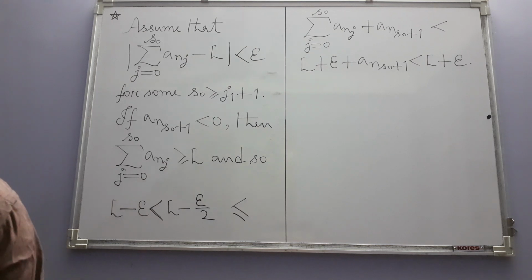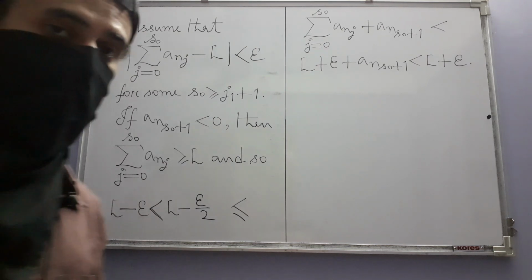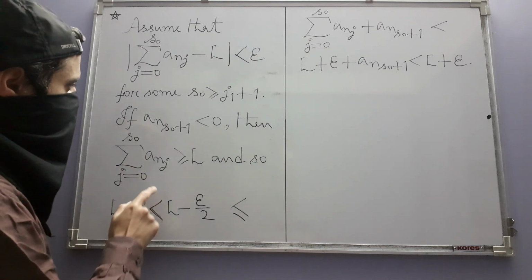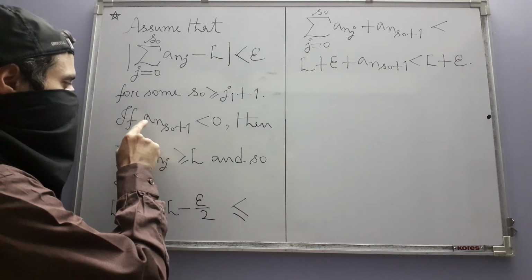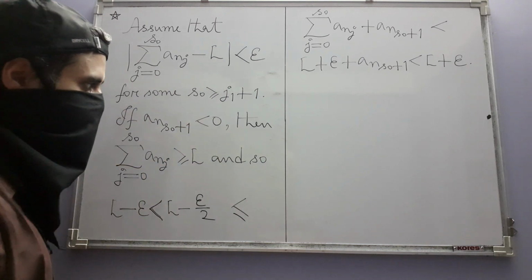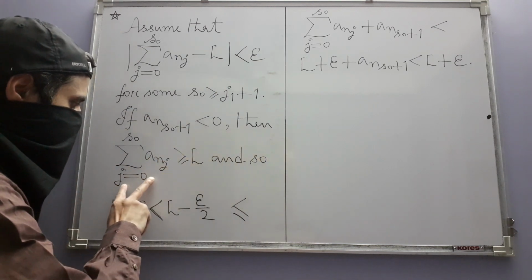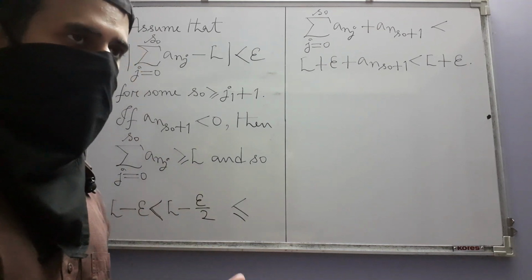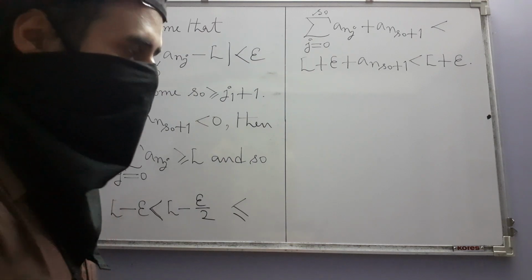Okay, so let us now justify all these things. What we wrote here is that if a n S naught plus 1 is a negative real number, then this is greater than or equal to L. This itself is the first question, why that is so.